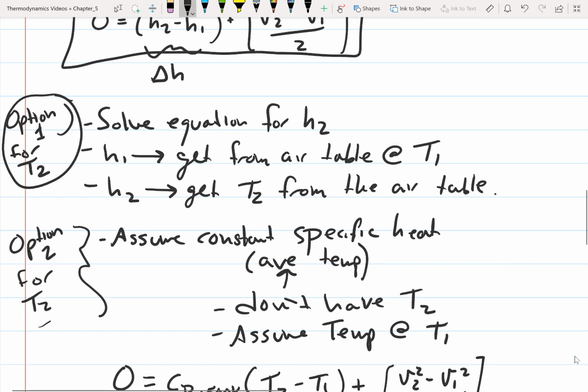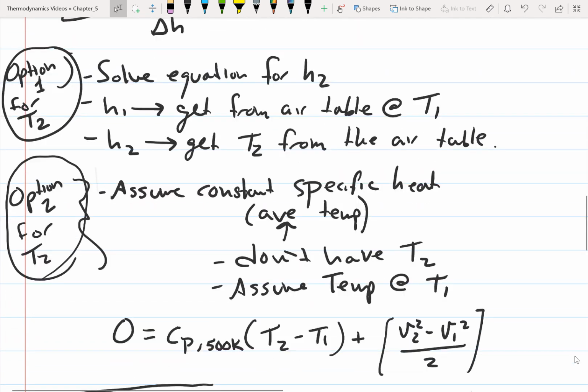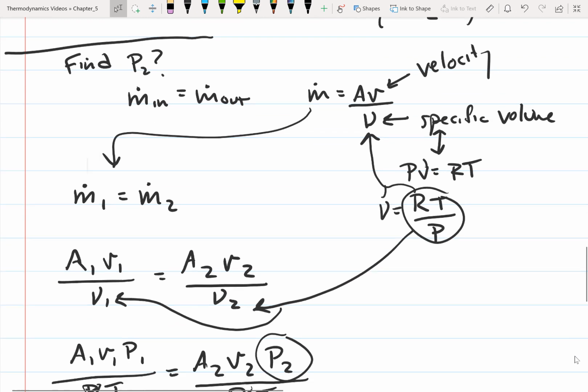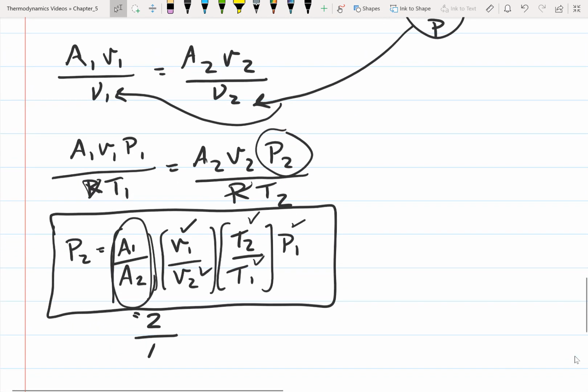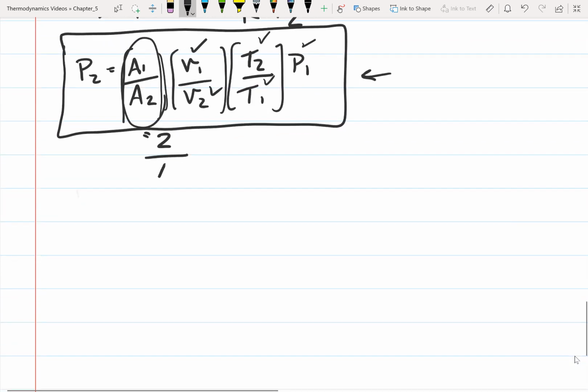And then I'm going to show you how to solve it using specific heats, which would be option 2. Once again, you can solve it either way since we have data available for air, so you would just pick one way to solve it. And then after we get T2, we're going to solve for P2, because that's the only quantity we're missing in this equation that we need for P2.